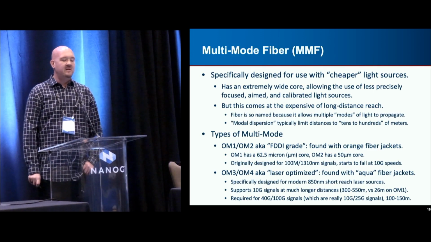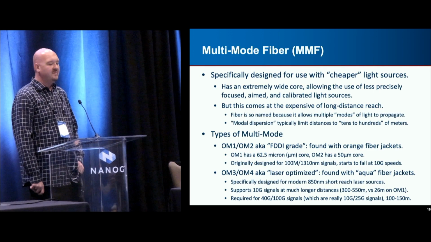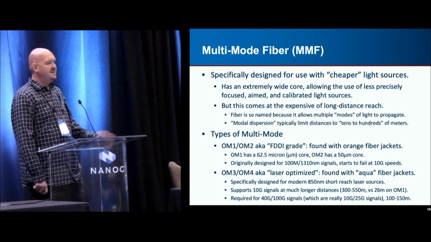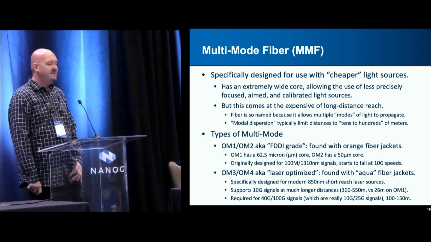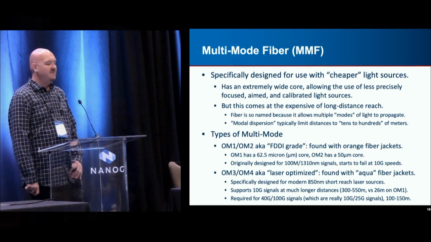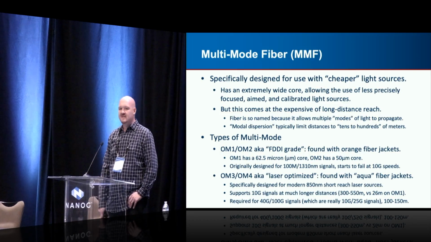The newer type of fiber that's out there is called OM3 or OM4, and this is laser optimized. Interestingly, the closest thing to a standard out there, the TIA standard, says aqua fiber for both. But a lot of folks have started moving OM4 to this violet, kind of purple fiber to indicate that it's a slightly different fiber.